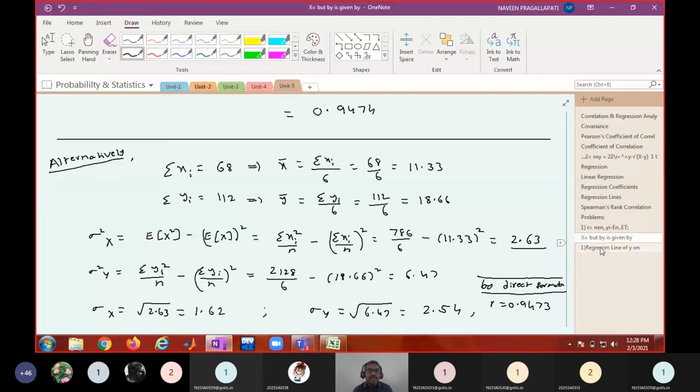X bar is 11.33. So these two equations will be the same.